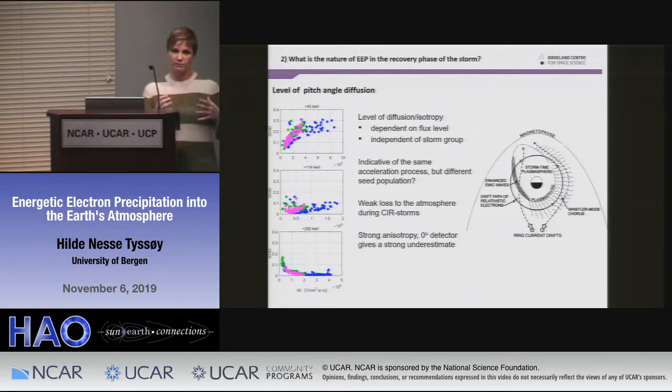It will give you more precipitation when you have the weaker magnetic field. But in terms of the anisotropy, I'm not sure how it would look.